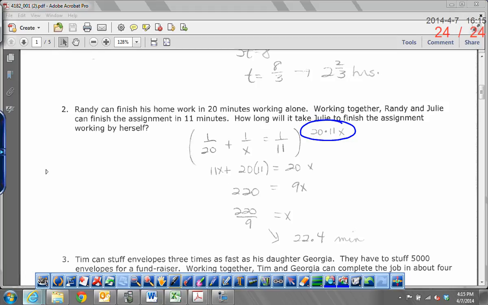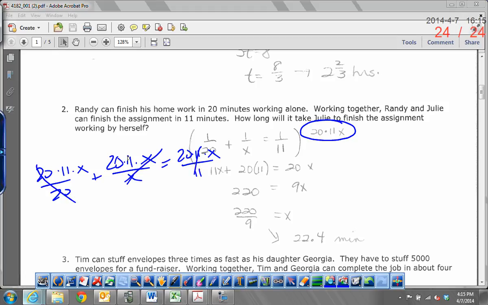If you want to write 20 times 11 times x over 20 every single time, so you get good at crossing it out in your brain, that's fine. It doesn't hurt me at all. So you cross out the 11s, cross out the x's, cross out the 20s. That's where we get 11x equals 20, or 20 times 11 equals 20x. So 22.4 minutes for that.